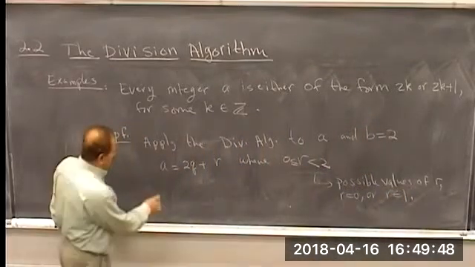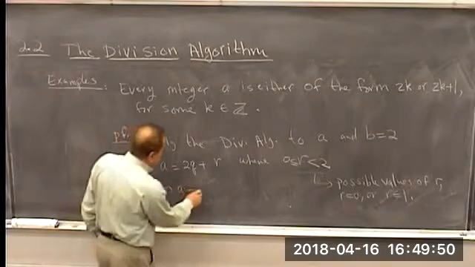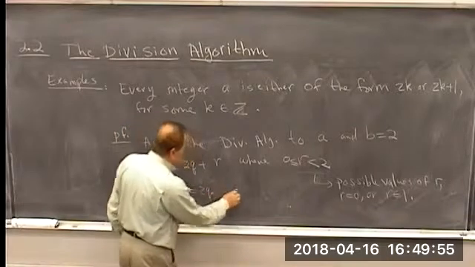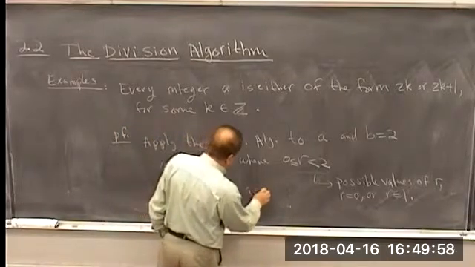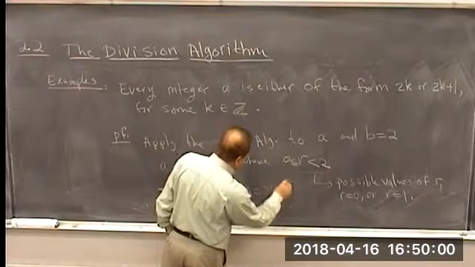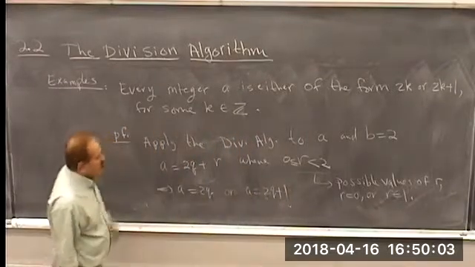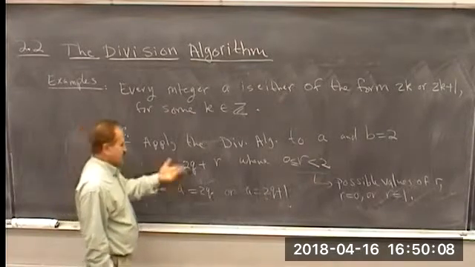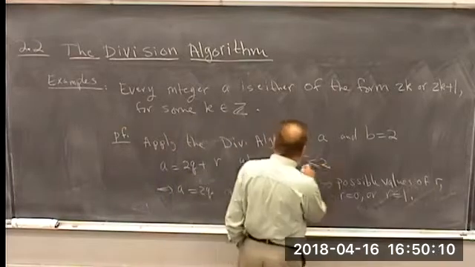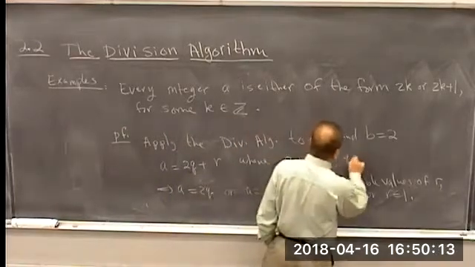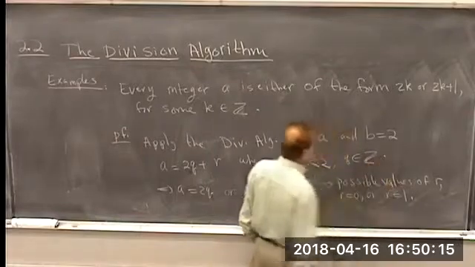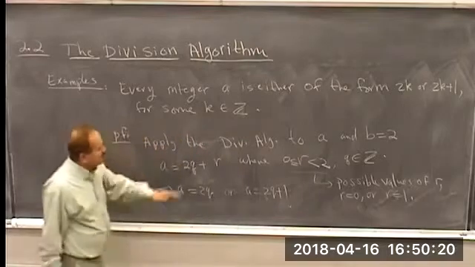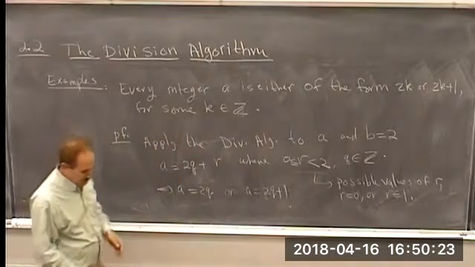And so this implies that A is going to equal 2Q or A equals 2Q plus 1. Where, remember, the Q here is any integer. So the R is this and the Q is in Z. Well, we can call this one K or Q, it doesn't make any difference. Actually, we could put it in here as a K.